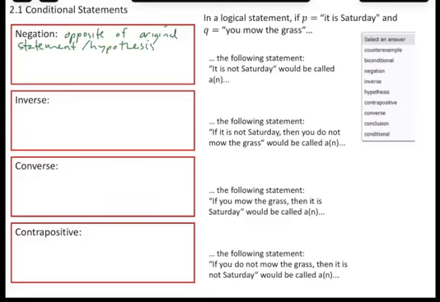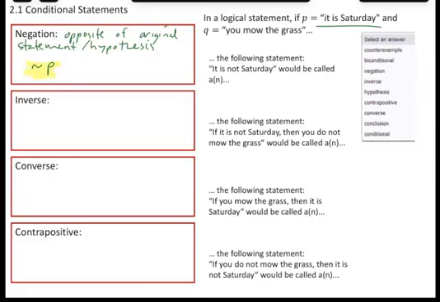Most of the time, this is just going to be in a single statement like this. It would just take P, like the hypothesis, it is Saturday, and the negation of that is symbolically represented as not P.